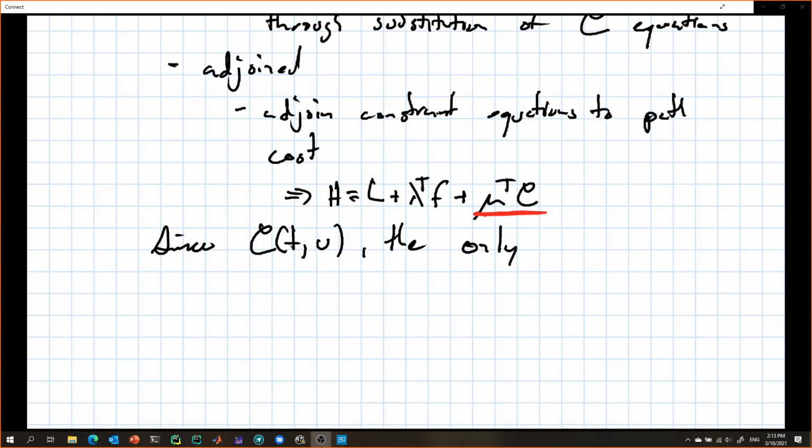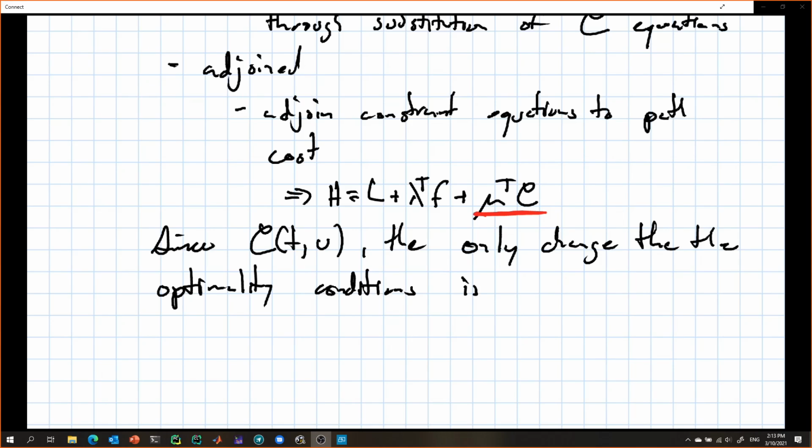So since C only depends on time in the control, the only change to the optimality conditions is, so we have dH/du, and that's still equal to 0, right?